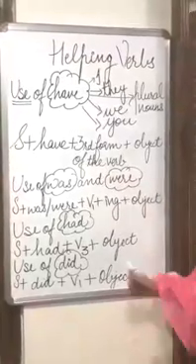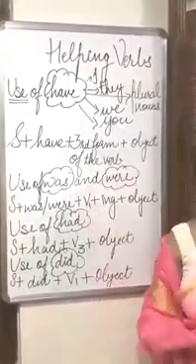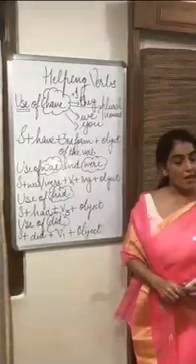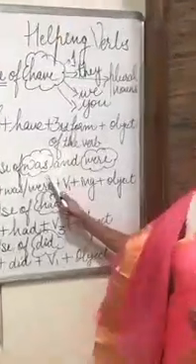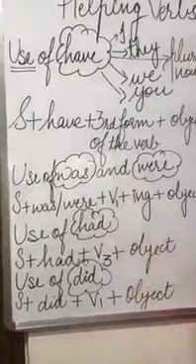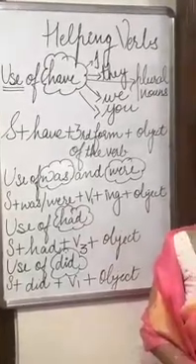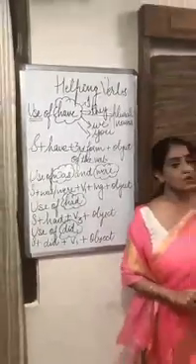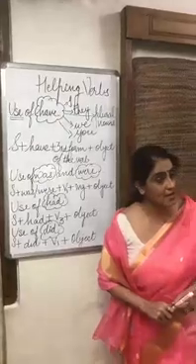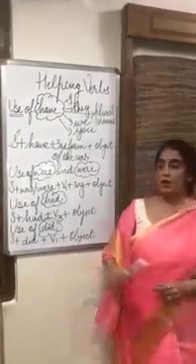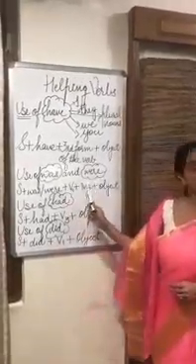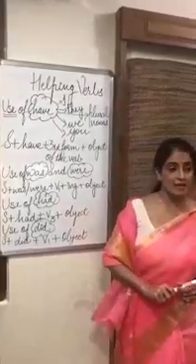Now quickly let's move to use of was and were. Now do you remember we did is and are? And as is and are is used for present continuous, we use was and were for past continuous tense.